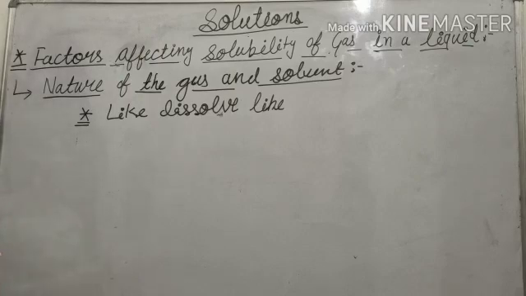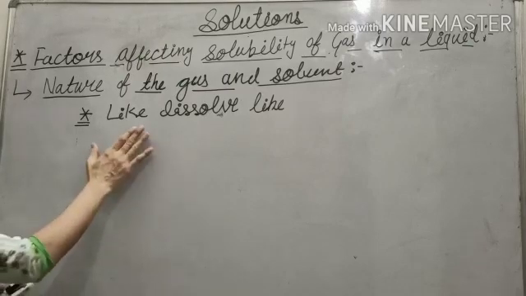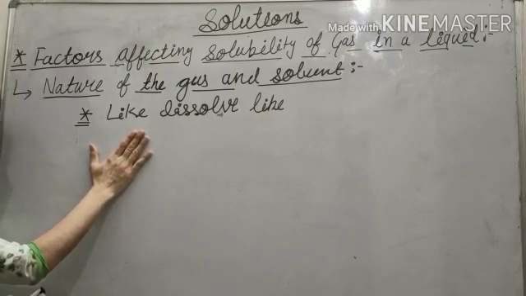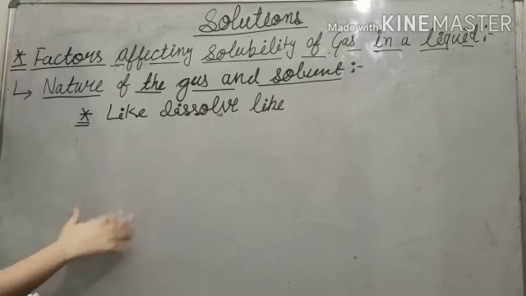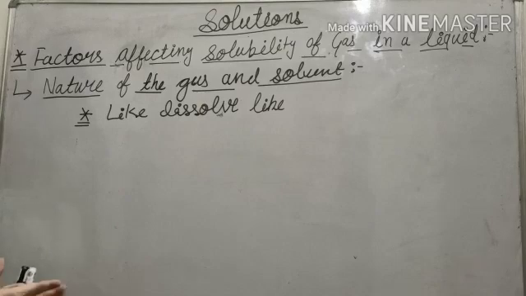Okay, so the solubility of gas in a liquid depends on a thumb rule, that is like dissolves like. Or we can say that the solubility of gas in a liquid depends upon their chemical similarity. If the gas has the same nature as that of the solvent, then it is soluble. But if it has a different nature from the solvent, then it is not soluble.